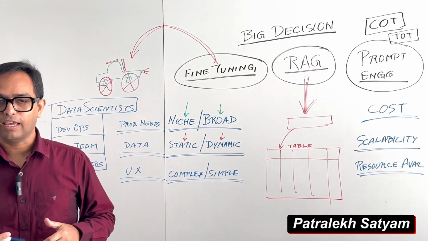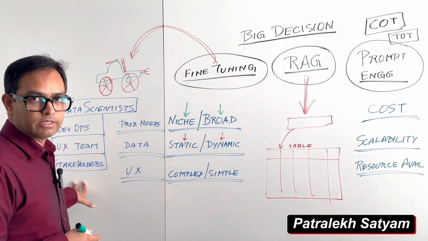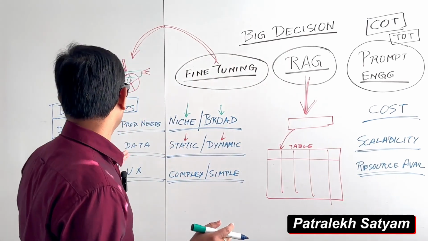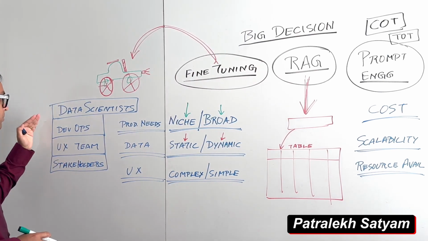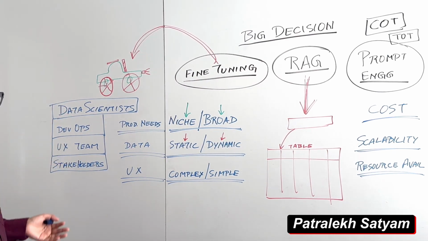Right? They have the money, they have the resources, so you have to bring in all the stakeholders and get their buy-in. Now you have all the stakeholders, UX team, DevOps, data scientists, everyone in the room or in the decision making process. What do you do next?